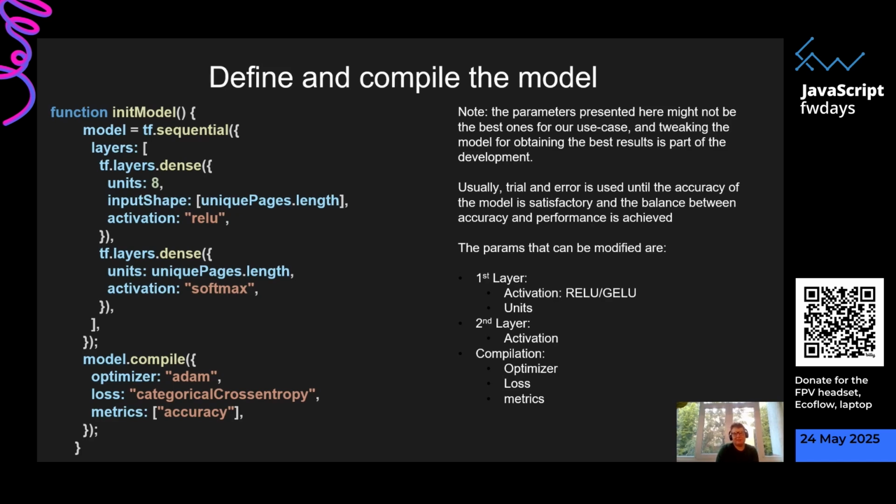You might have seen here that you then have the compilation of the model. Once you've defined it, you have to compile it. In the compilation, you have an optimizer and a loss function. The Adam optimizer is used here, but there are a lot of other optimizers that you can use. You can search online about them. I can't discuss this right now because I would need like 2 hours to present all the optimizers. You also have the loss function.